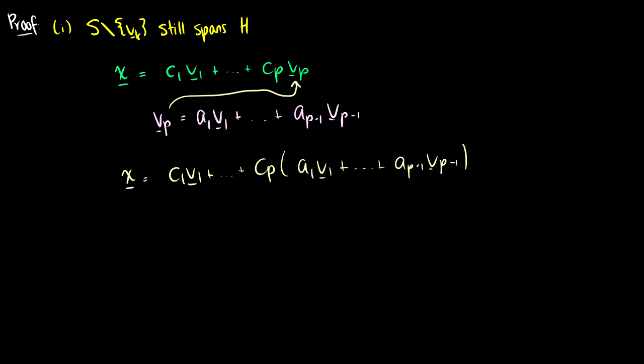So now our vector x is a representation of just the vectors v1 through v(p-1). But x was arbitrary, so that means we can do this for any vector x. So this means that the span is still the same. Because I took an arbitrary vector, and I can rewrite that vector as a combination of v1 through v(p-1), that means that the span is still the same. So that's the proof of part 1.